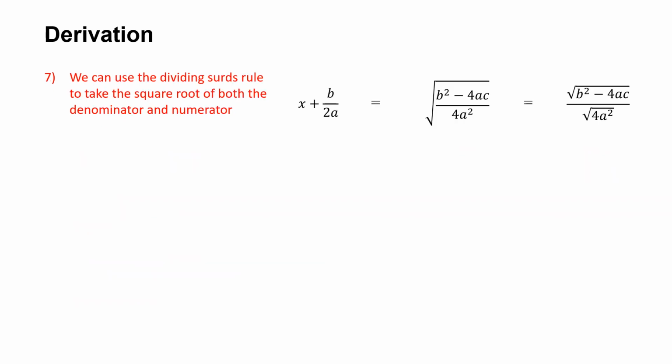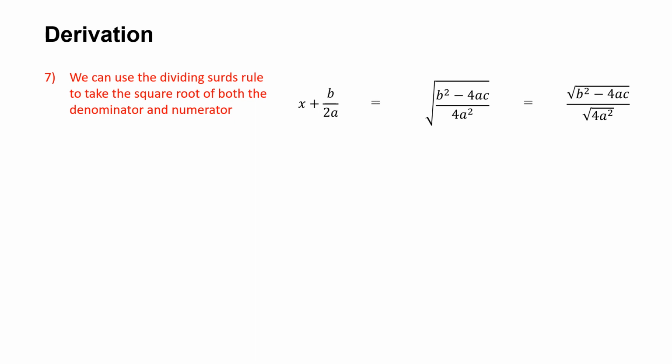Our next step, if you remember how to divide surds, so if we have a big surd with a division in it, we can put square roots for the numerator and the denominator here.